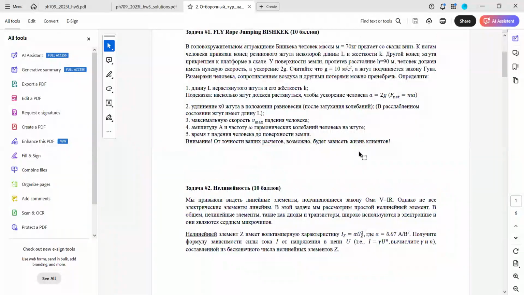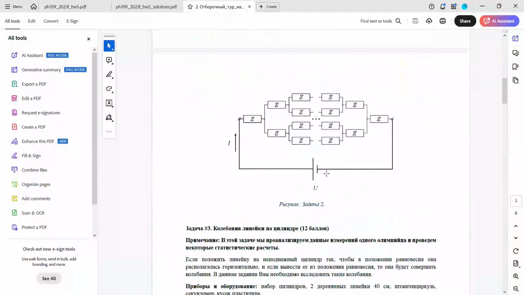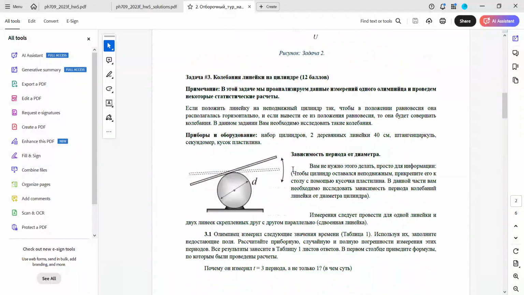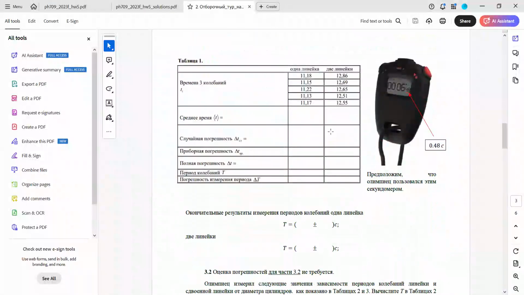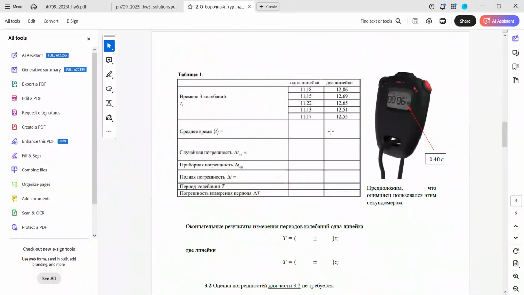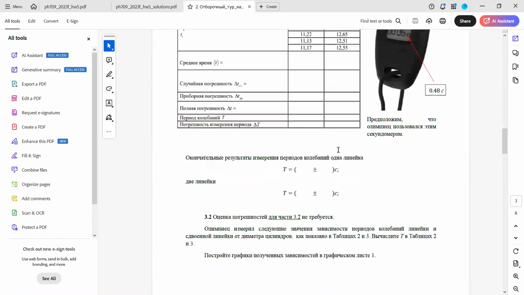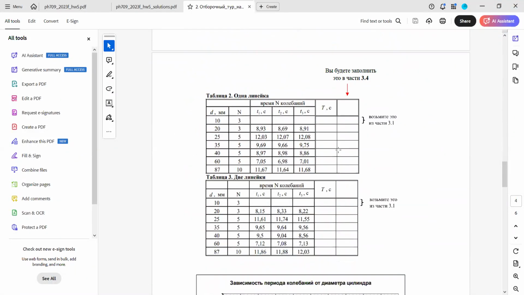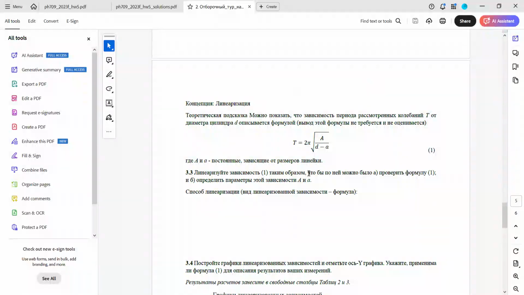Короче, мындай бир ситуацияда нелинейность дегенди бар. Ну, это вот теоретическая задача. Потом независимость периода от диаметра. Линеаризация кылыштык керек, да?